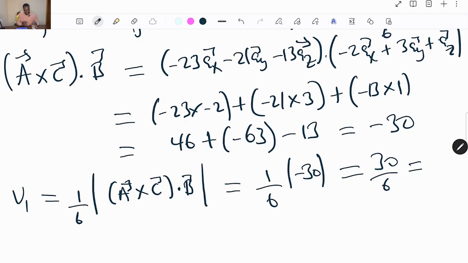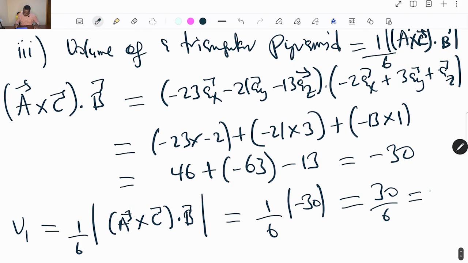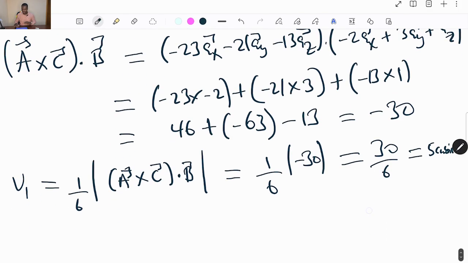That will be 5 cubic units. So this is how we solve question 1. We'll be solving the next question, question 2, in the next video. Bye-bye.